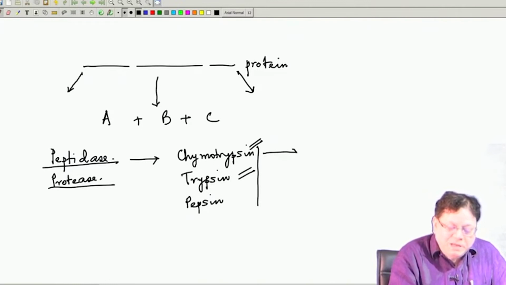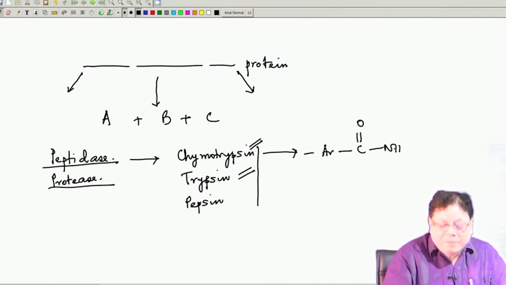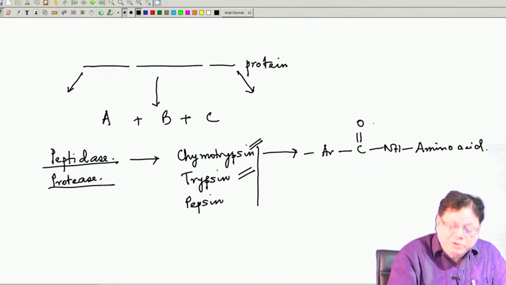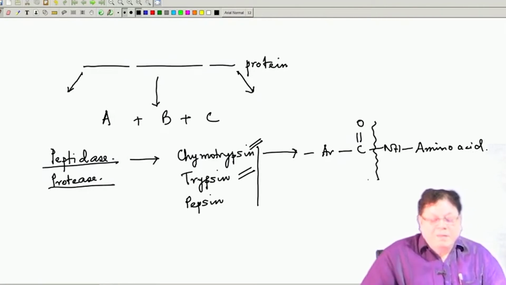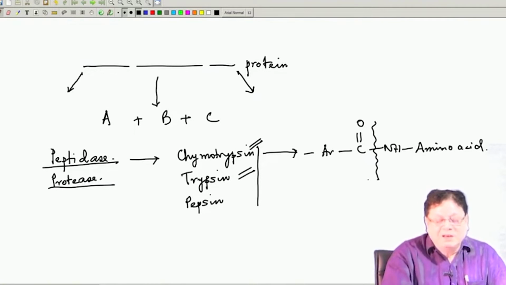Take chymotrypsin: if you have a peptide bond CONH, and there is an aromatic amino acid on one side and another amino acid on the other side, chymotrypsin cleaves the peptide bond between this aromatic amino acid and the other amino acid toward the C terminus end.